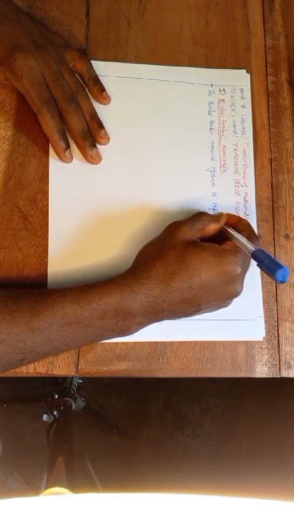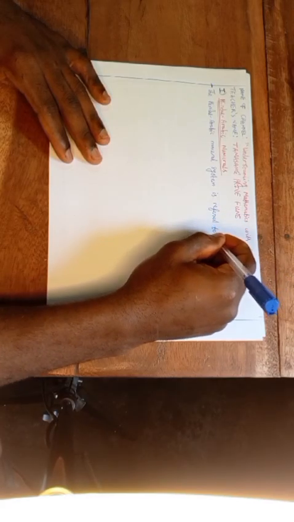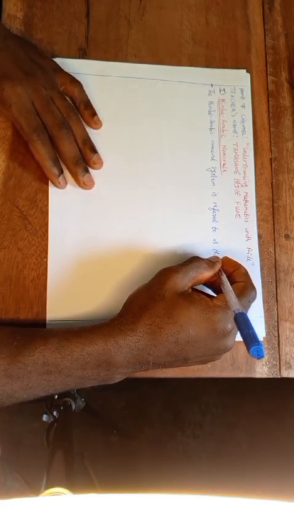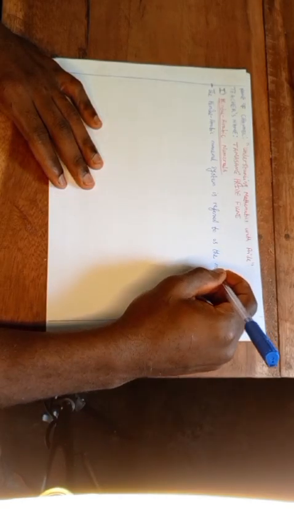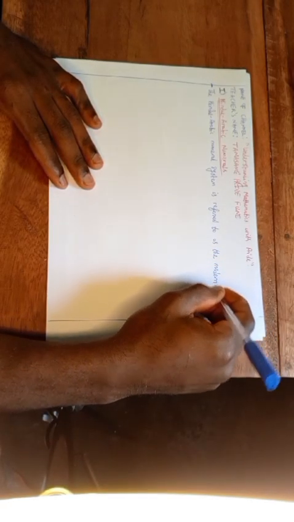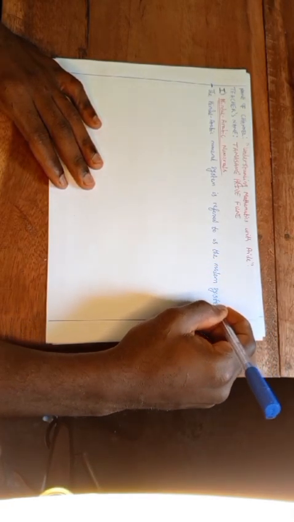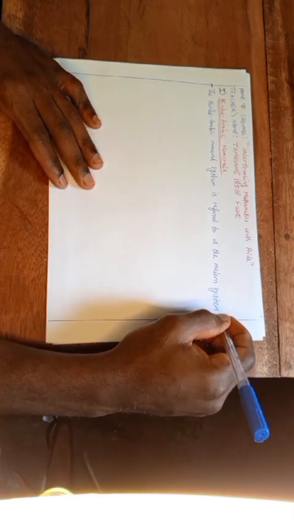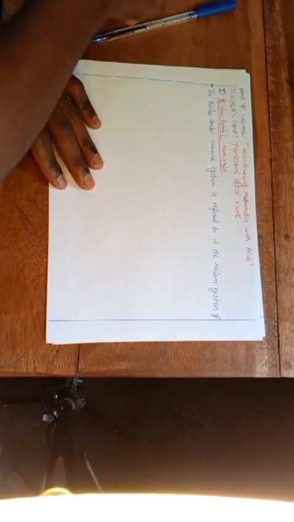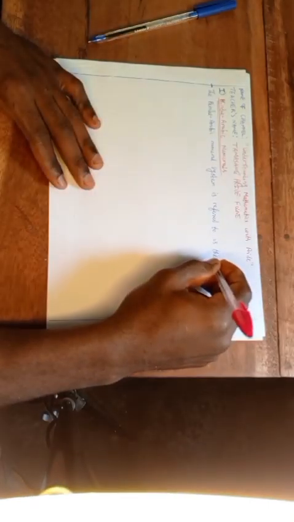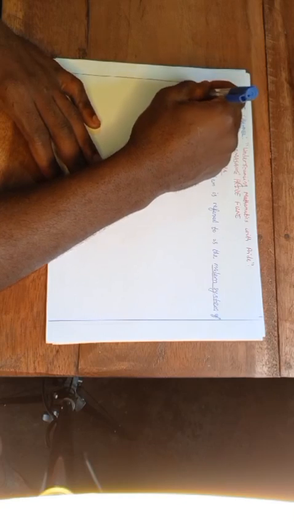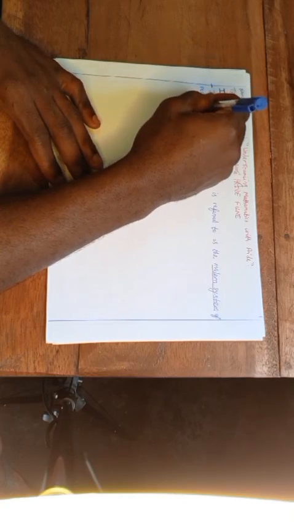is referred to as the modern system. I underline modern system using a red pen of representing numbers.